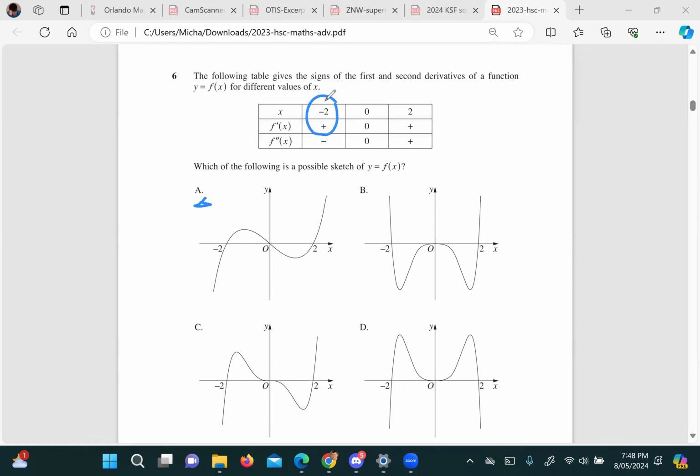Is that consistent with A? Do you know what it means when it's positive?